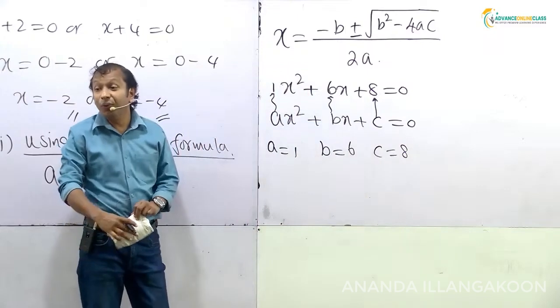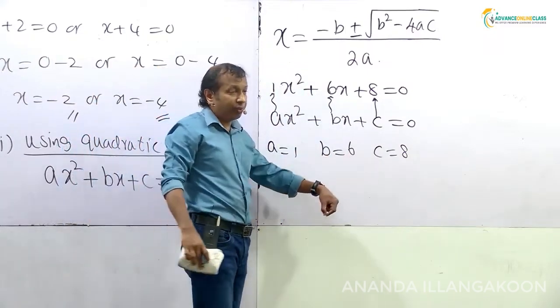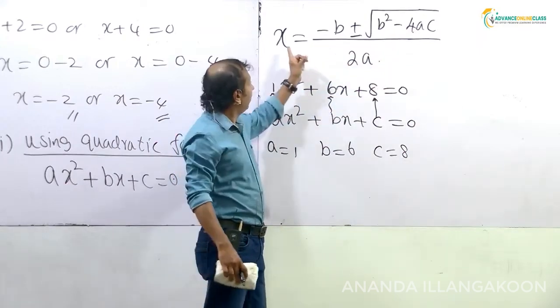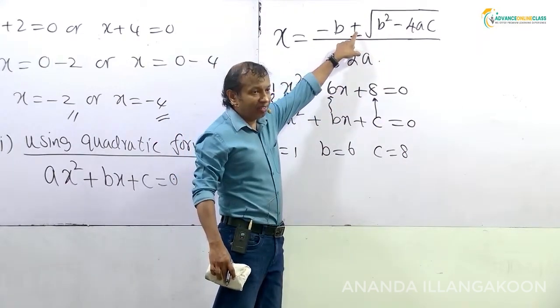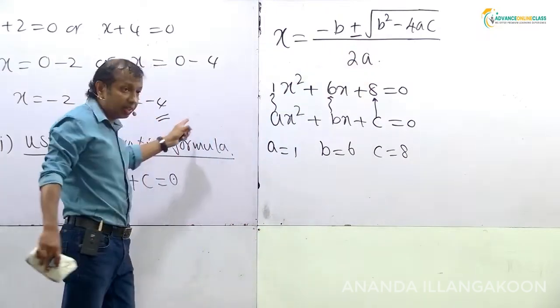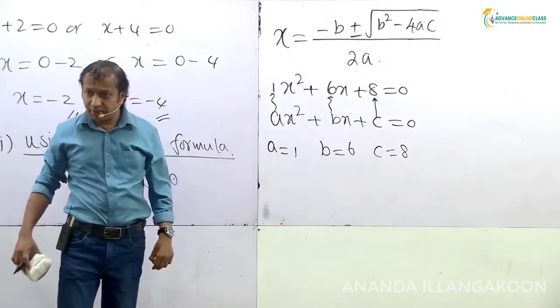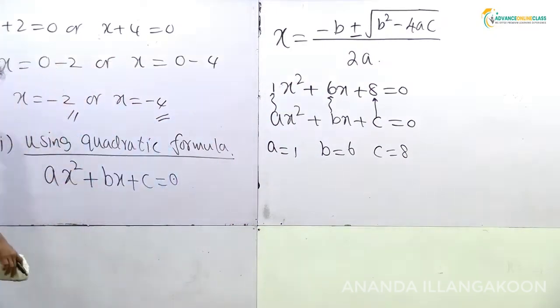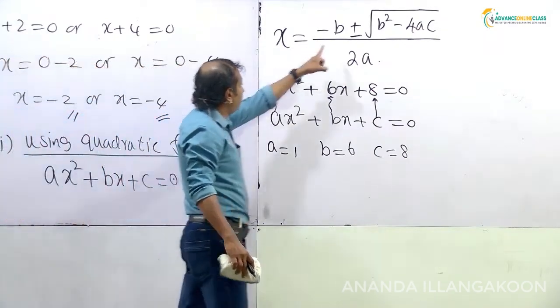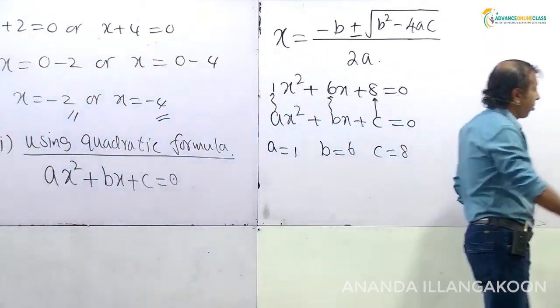Okay, now what do we do? The A, B, C values we found, we substitute at these places and simplify. Then we get one answer by the plus sign, the other answer by the minus sign. The two answers we got here, we will get again by this formula. Right. Then shall we start? I think you have finished the first method. Start the second method now, substitute in this and take the two answers for x.